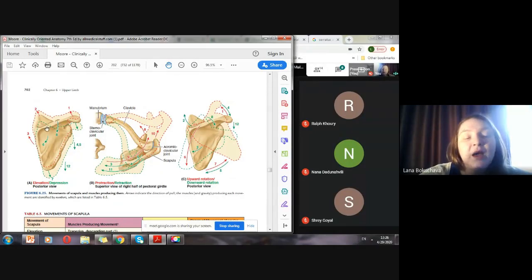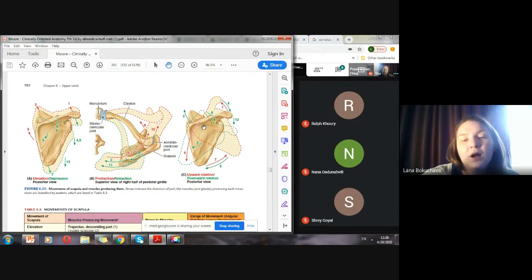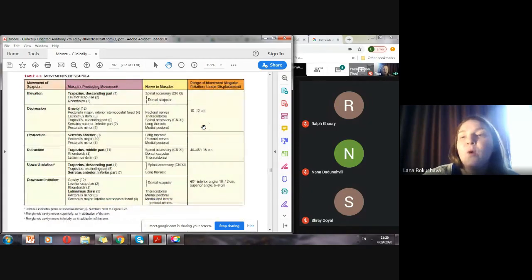So as a result, we have elevation and depression, as you see here in the discontinuous lines, as well as we do have a part of the rotation, you see? So you can see here, in this table where we have a summary of the movements of the scapula, that protraction is mainly dependent, because in bold they show you the major muscle participating in that action.